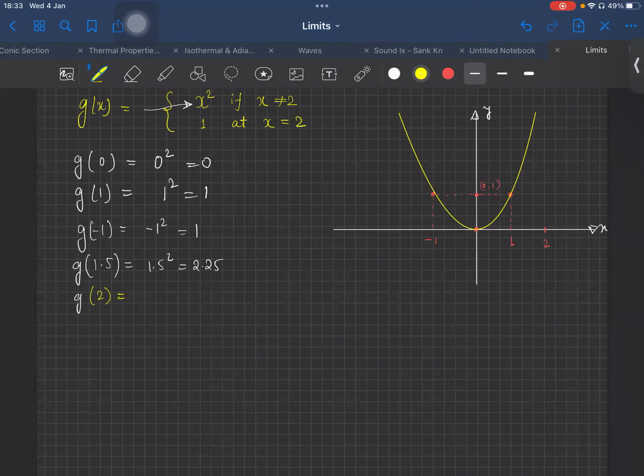It's given that the value is 1 at x is equal to 2. That means it will not follow the above equation. It will follow this, because x is equal to 2. So at x is equal to 2 only, let's try to extend this function. Suppose the function is somewhat like this.